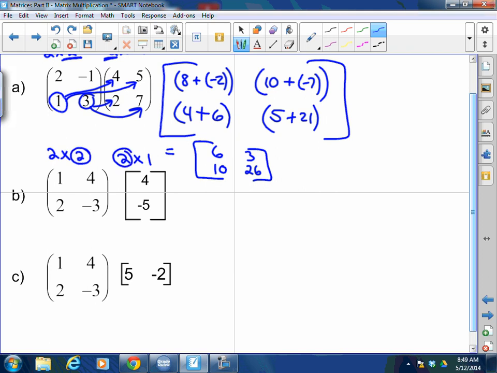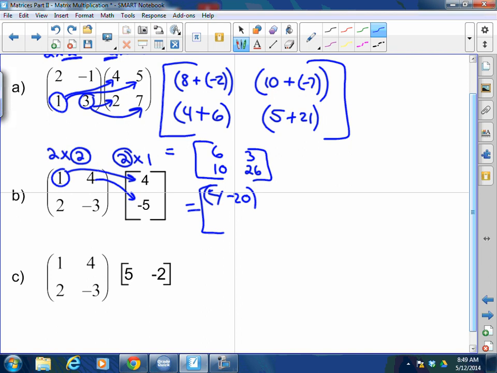So, 1 times 4 is 4, plus 4 times negative 5, which is negative 20. That's my first element.